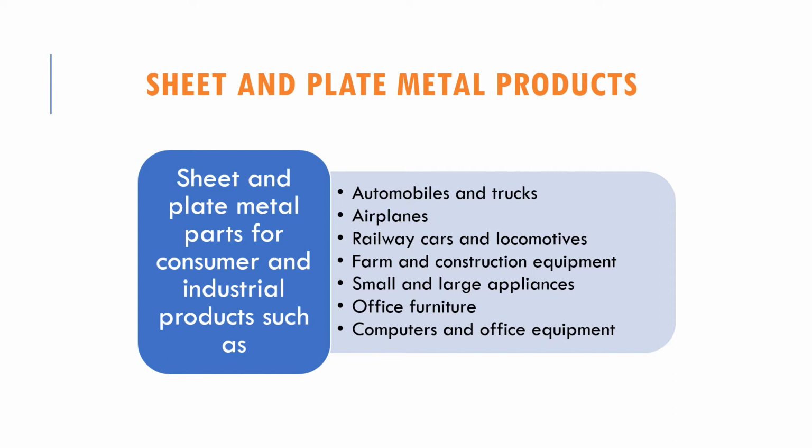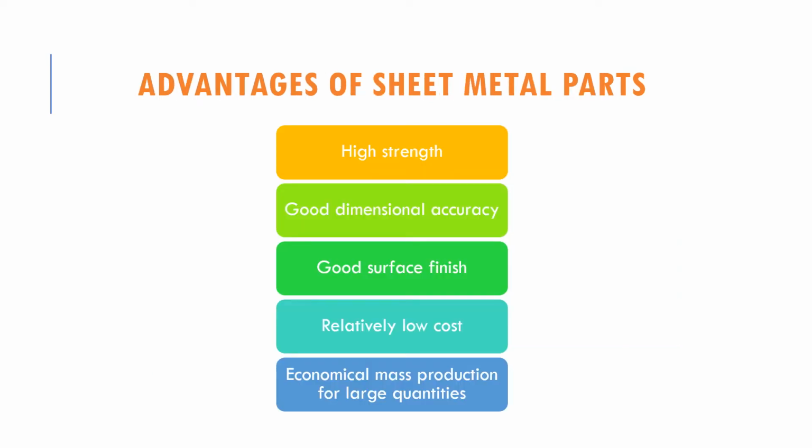They can also be used in railway cars and locomotives, farm and construction equipment, small and large appliances, office furniture, computer and office equipment, and many more. These are just examples. If you look around yourself, you will see a lot of products that are produced from sheet and plate. So now let us look into the advantages of sheet metal parts.